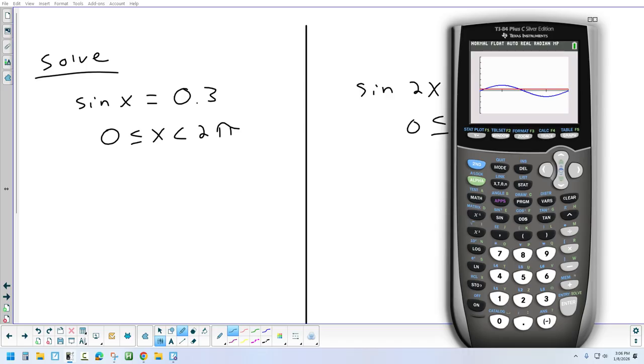And how are we going to figure out where they are equal? Second calc, then 5, intersect. And does it matter where we put the guess? Yes, because there are 2 different points. So wherever you put the guess, it's going to give you whichever answer you're closer to. So I'll do the one on the right first.